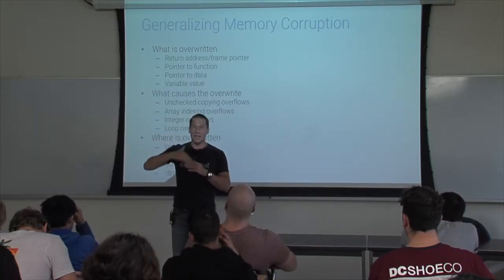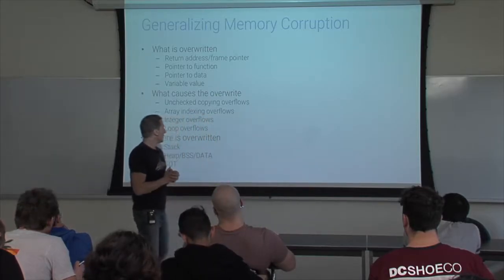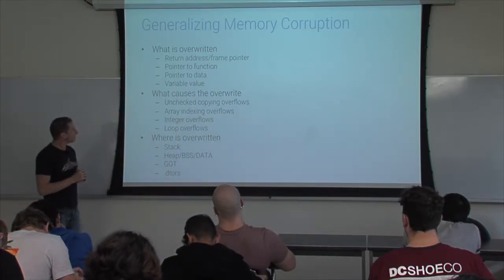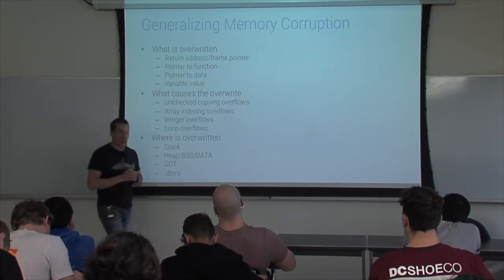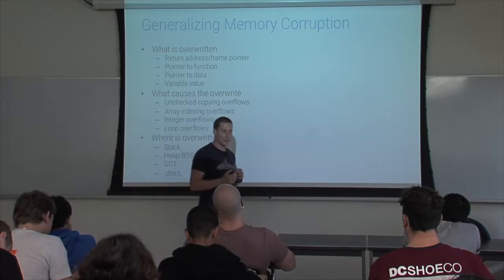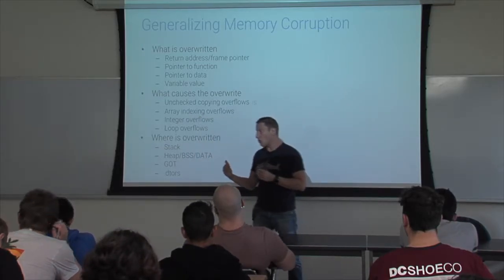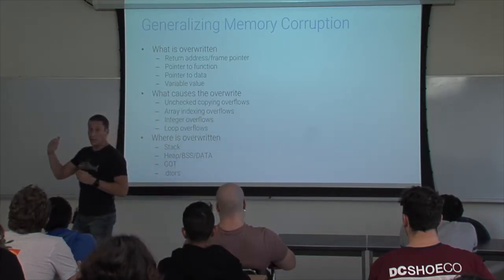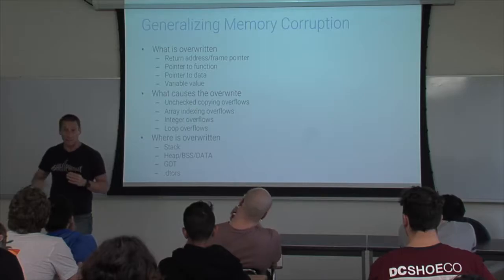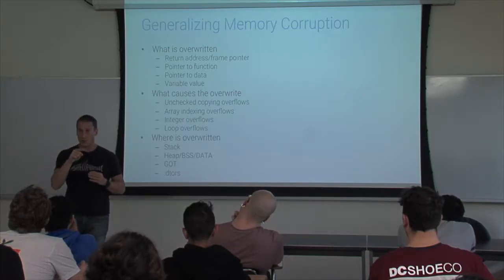Suddenly you're providing negative values and you're accessing random memory below the base of the array. Integer overflows are also very interesting. Those are the tricky ones that happen when you increase an unsigned integer above its top limit, and that integer goes back to 0, which can cause very interesting situations.